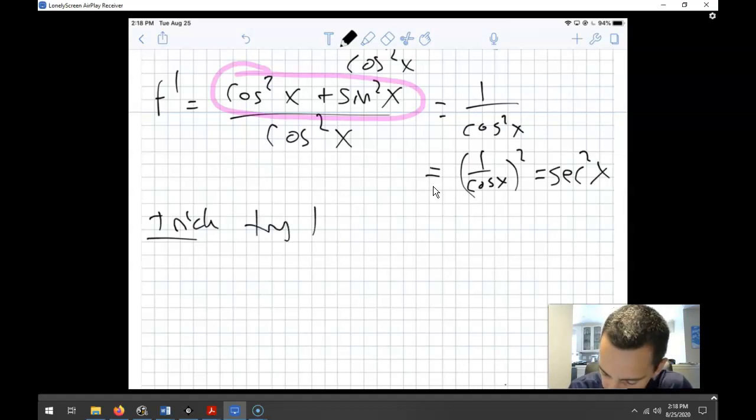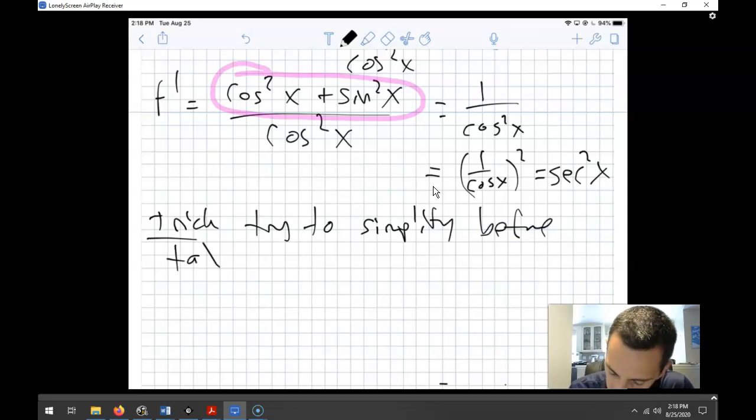to try to simplify before taking a derivative. This is not something you're always able to do before you take a derivative.